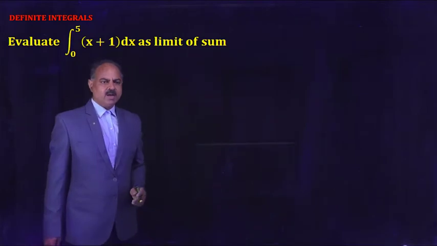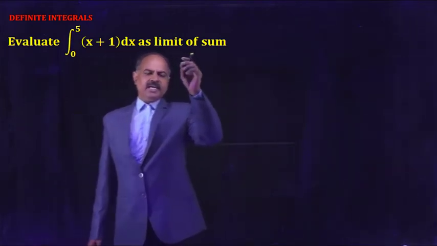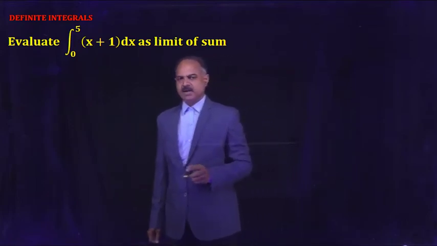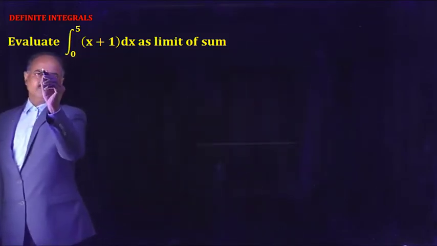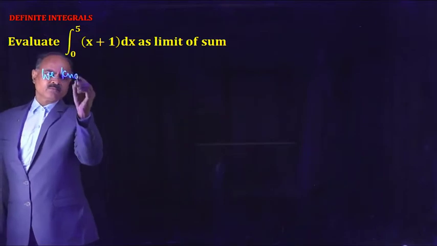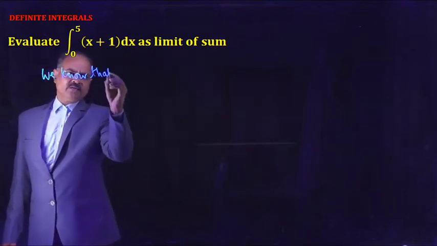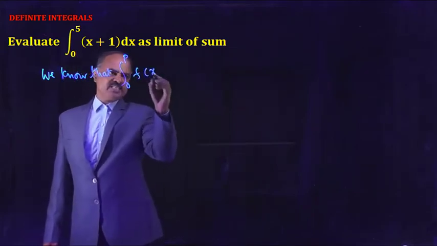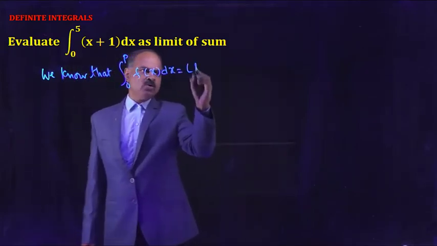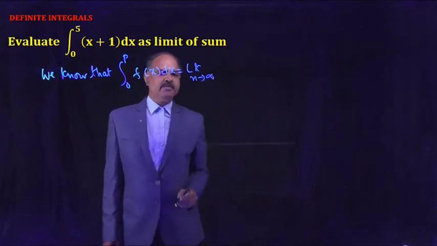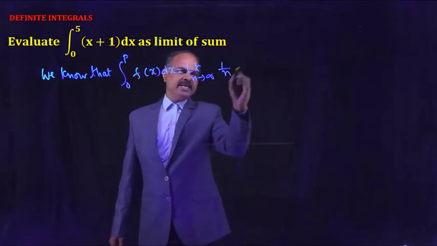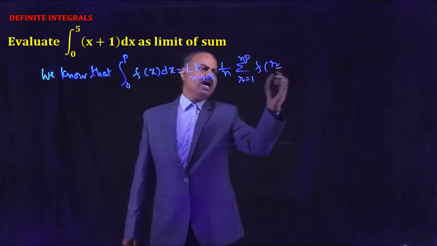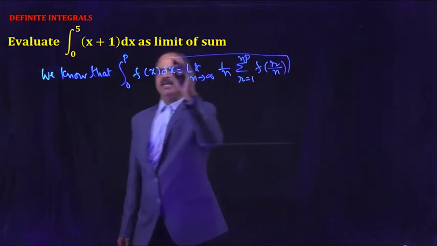Next, suppose for example we evaluate integral 0 to 5 x plus 1 dx as a limit of a sum. We know that integral 0 to p f of x dx equal to limit n tends to infinity 1 by n into sigma r is equals to 1 to np f of r by n.